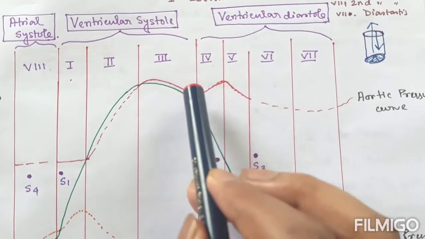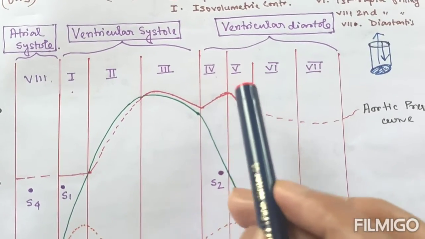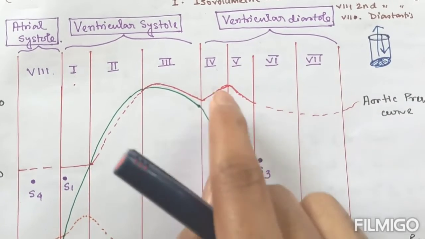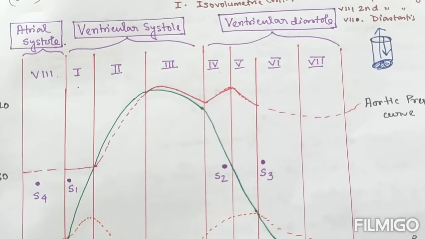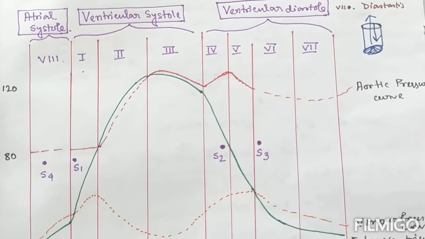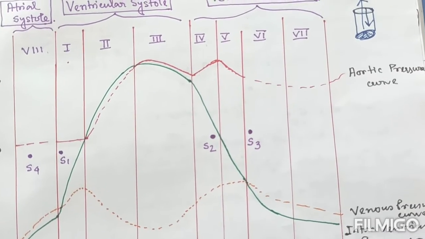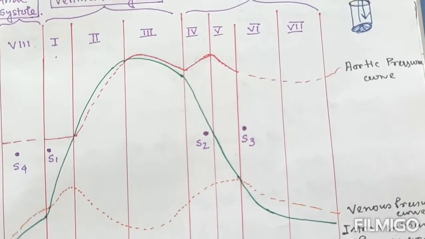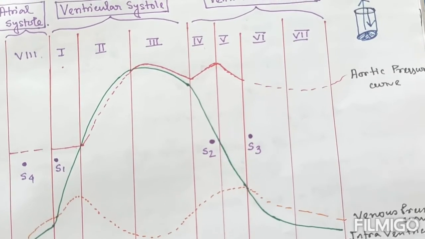This causes a quick fall followed by a quick rise of pressure in the aortic pressure curve, making a notch, also called the dicrotic notch. So this is the reason behind the dicrotic notch: sudden backflow from aorta to ventricle, then the aortic valve closes, and this causes rebounding of blood from the aortic cusp surface.